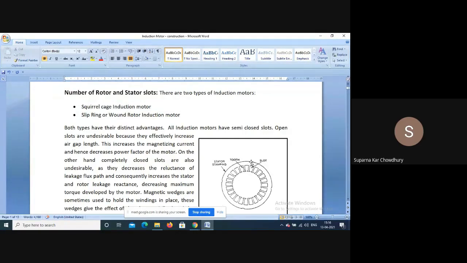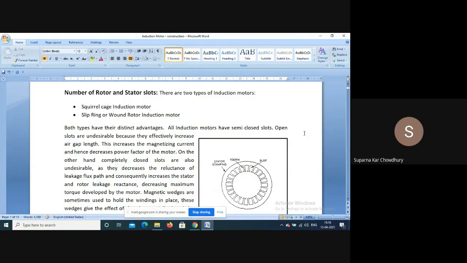To the frame, these stator laminations are fixed. There are slots through this, and we put wedges to fix the lamination to the frame.